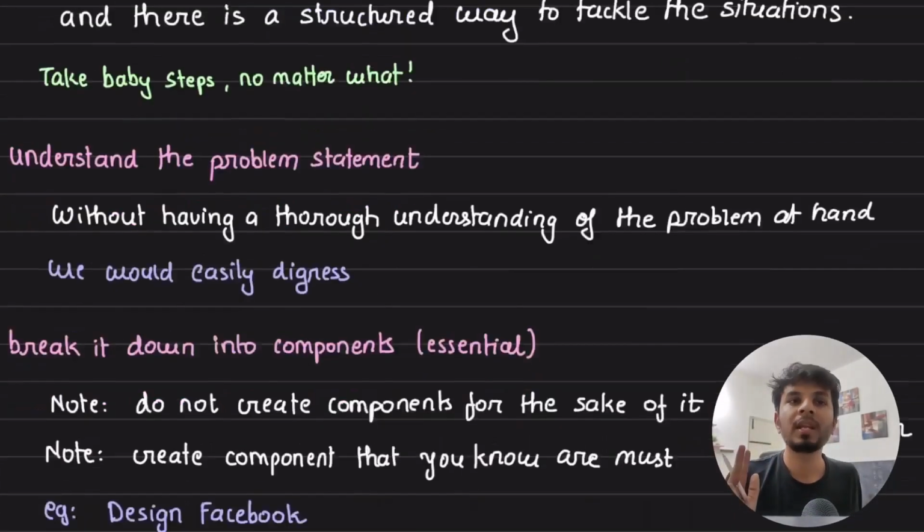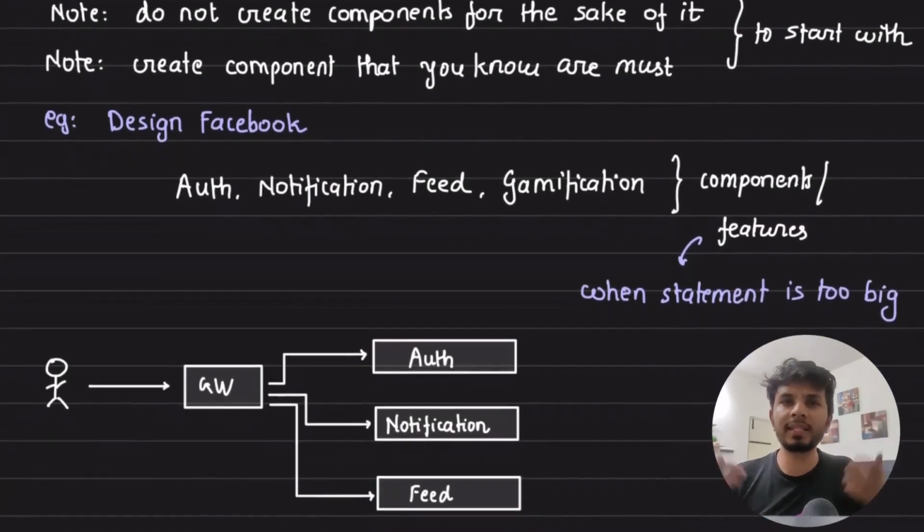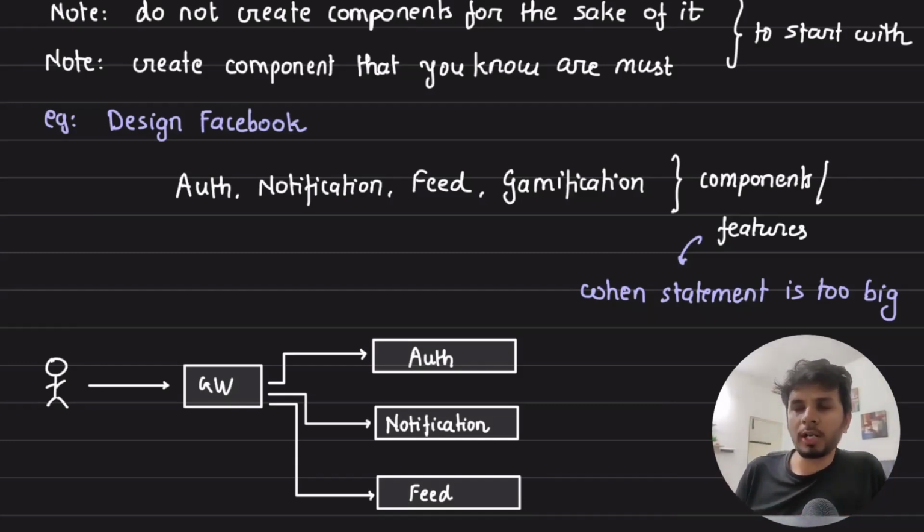Step number 2 is you break the problem statement down into components. It's really essential. For example, let's say someone tells you, hey, let's design Facebook. When someone throws a problem at you to design something as big as Facebook, the first thing that should come to your mind is, what are the features of whatever I'm designing, in this case Facebook?